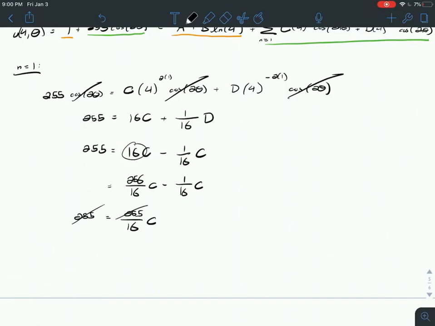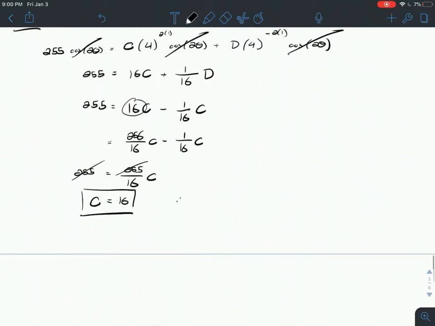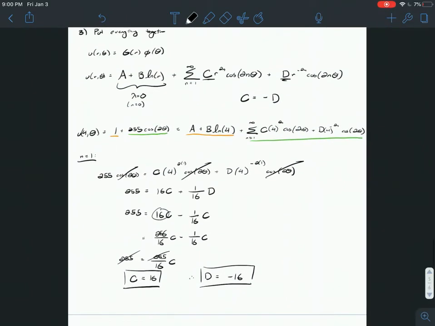This is canceling out quite nicely. So 255 divided by 255, and then we find that c is simply equal to 16. Therefore, d is equal to negative 16. Cool, so we found two of our coefficients so far.